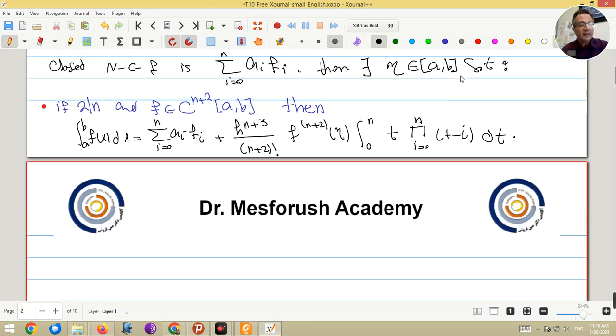This is for the case that n is divisible by 2.